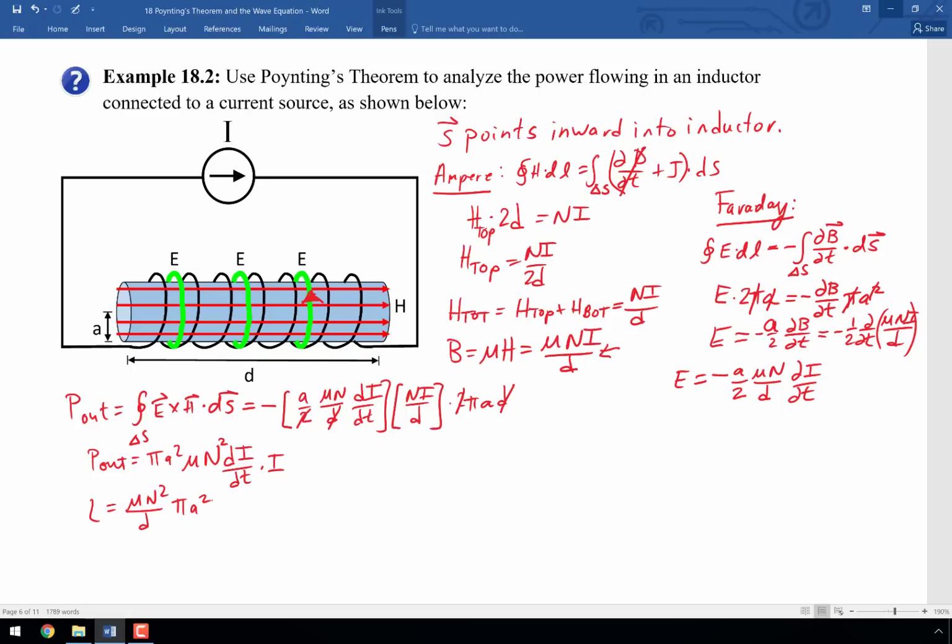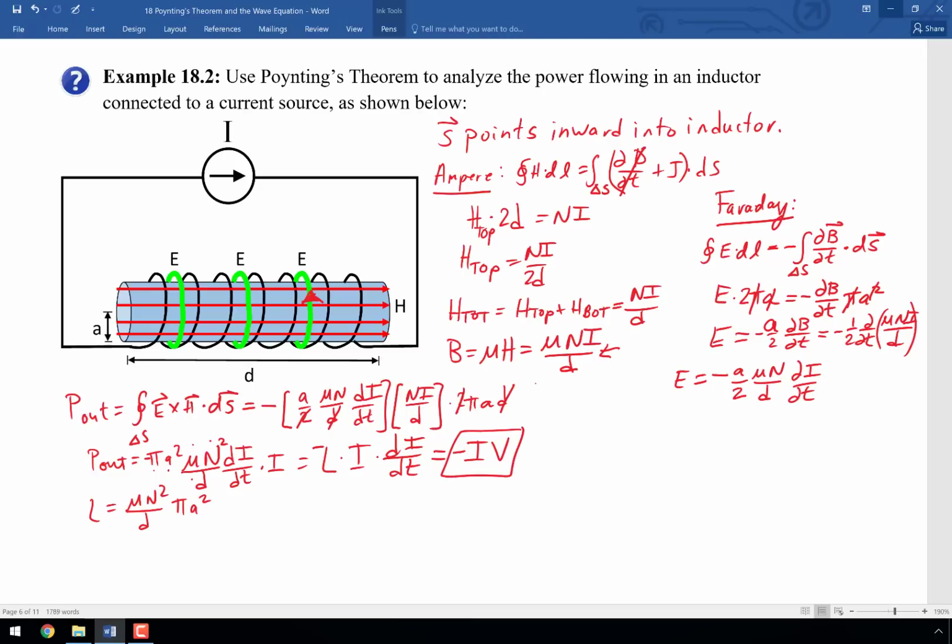So actually, yeah, here's the mu, here's the n squared, here's the, oh, I dropped a D. Sorry about that. So there's the D, there's the pi A squared. So this actually becomes L times I times di dt. But we know that for a negative sign, there's the negative sign. We know that for an inductor, L di dt is the voltage, so this again reduces to negative I times V.